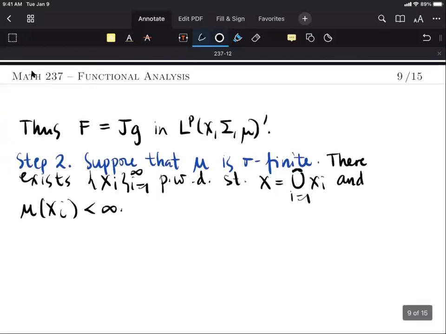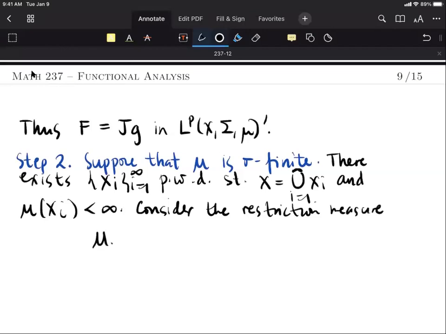Okay, so let us consider the restriction measure mu x sub i as follows.